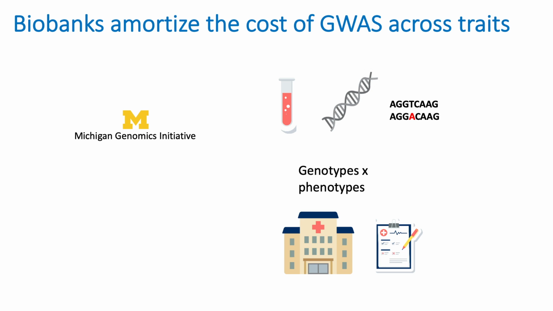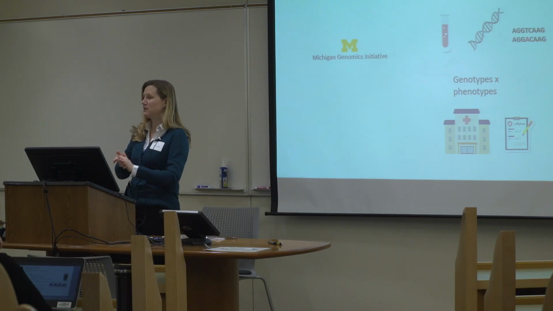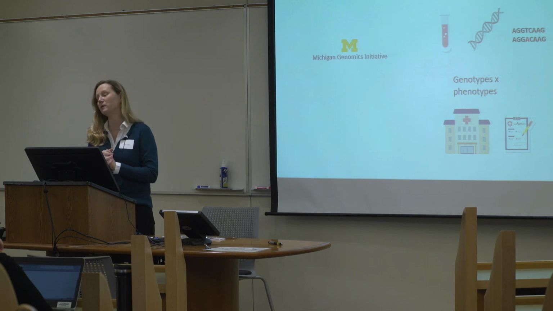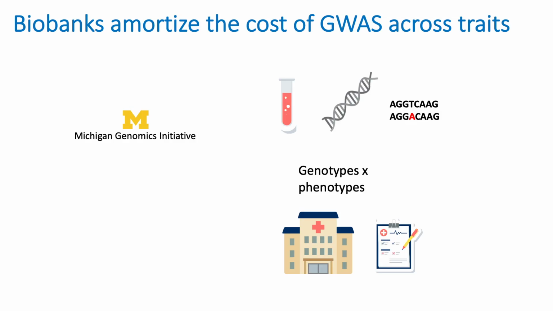Biobanks amortize the cost of GWAS across traits. MGI is a cohort collection of something like 45,000 genotyped individuals, with samples in the bank on the order of nearly 70,000 samples, 80,000 consented people. There's limited amounts of frozen buffy coat. This is sort of a QC step of MGI, so if you catch something fairly quickly in the DNA, it's possible they might have frozen buffy coat in the freezer.